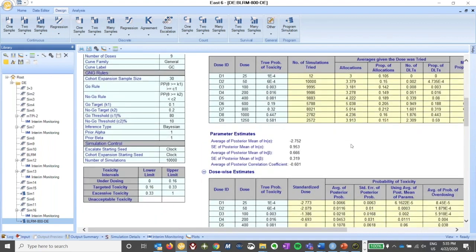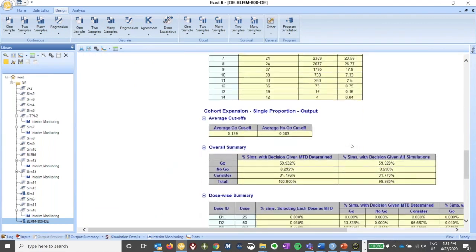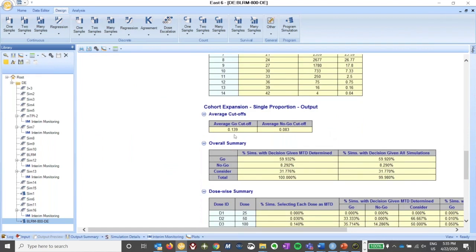And as you scroll down, you will also get the cohort expansion part, which tells you the average go cutoff, the average no-go cutoff, and what percentage of times, after you had determined the MTD, you ended up with a go decision, a no-go decision, or a consider decision. You can see here that the consider decision was slightly above 30%, about 32%.